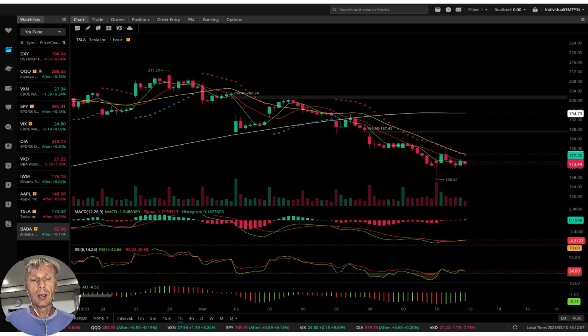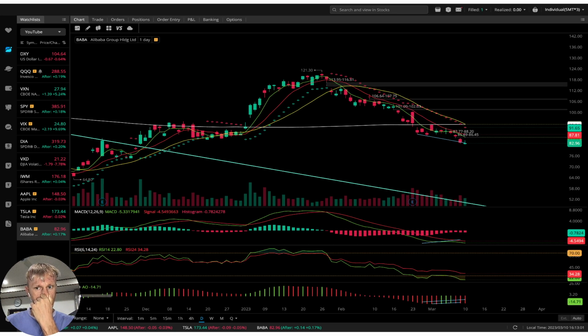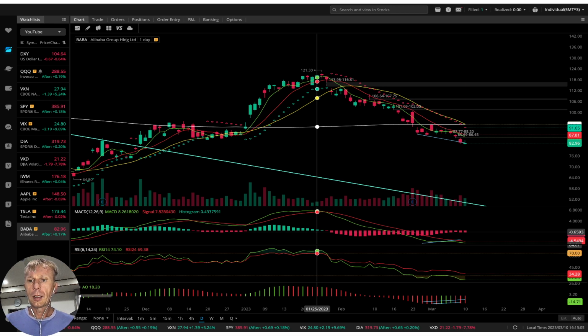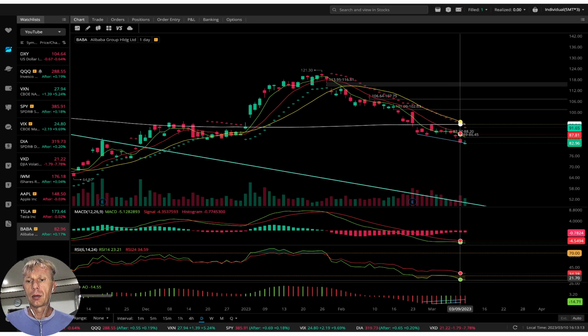Let's go to BABA Alibaba Group, daily time frame. Bearish trend on daily time frame, no changes. Very oversold. Look at it. RSI at 22 level. Oversold. Price action is downtrend.